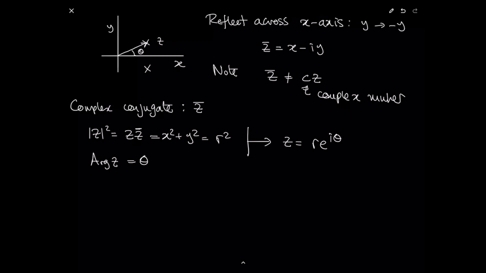Note that over here I'm using something called Euler's formula, which I can write down here. And this is just to remind you, you should know all this stuff. Now, there's an interesting thing to note here. I wrote that the argument of z is theta, but I could really have added any multiple of 2 pi and I would still have got the same answer.